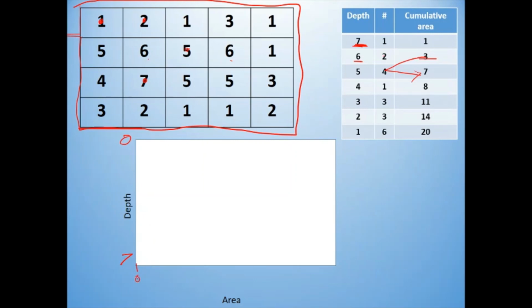And then here the area is 0, I haven't done this, so this is 10, this is 20, so 2, 4, 6, oh, that's not very equidistant. Neither is that one, but you kind of get what's going on here. Okay, so we have our depth of 7 meters down here, and then we use the cumulative area as our x-axis.